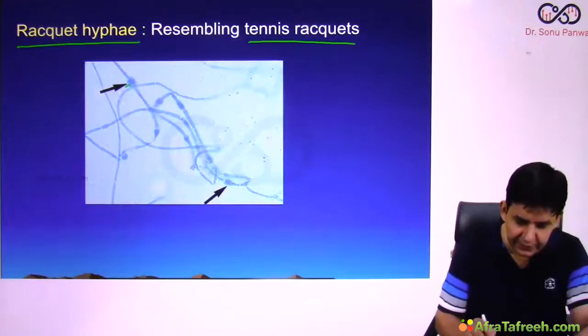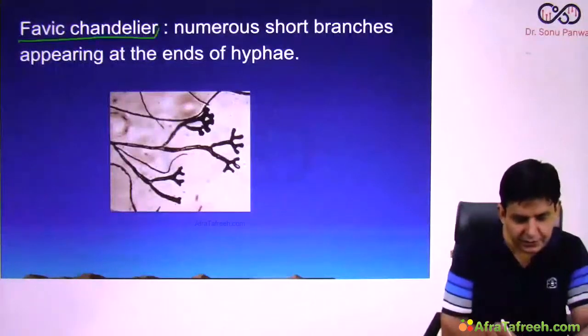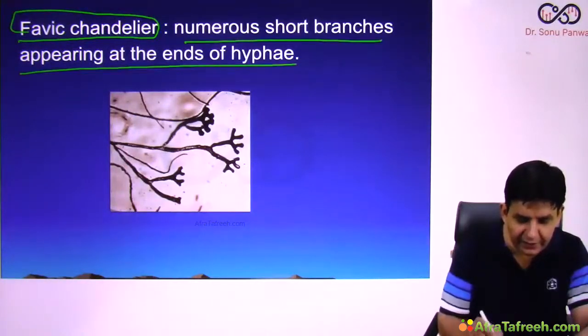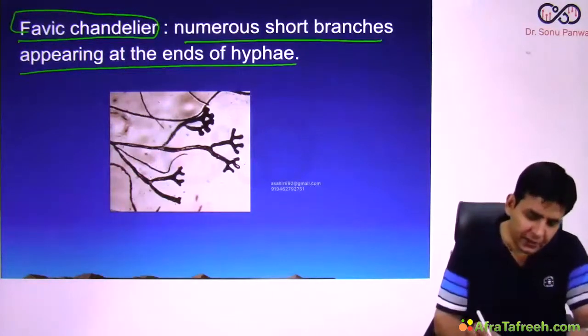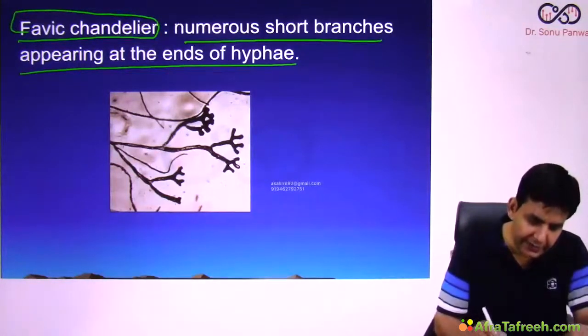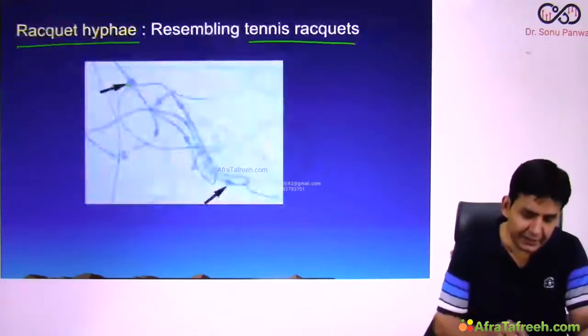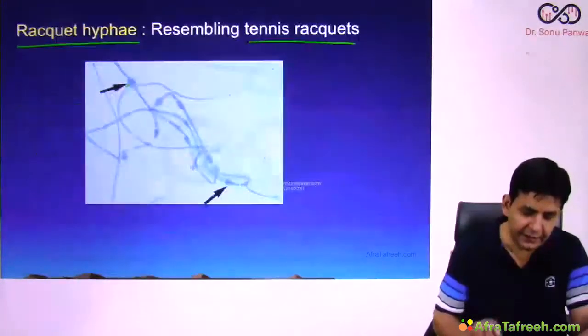This is a question: favic chandelier, the numerous short branches appearing at the ends of hyphae, looks like the horns of a deer. So this particular one is favic chandelier. So remember, one is favic chandelier, one is racket hyphae, and one is spiral, these helical hyphae.